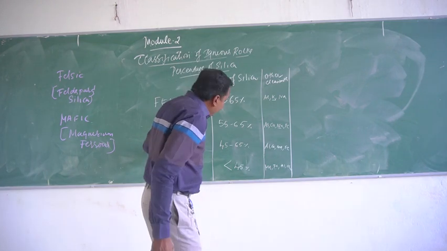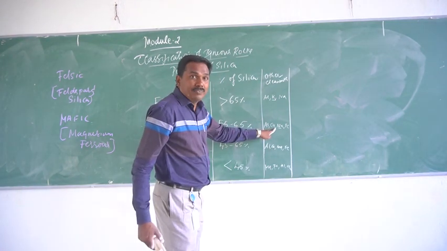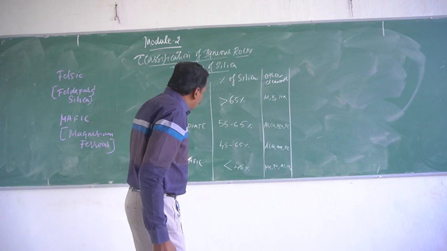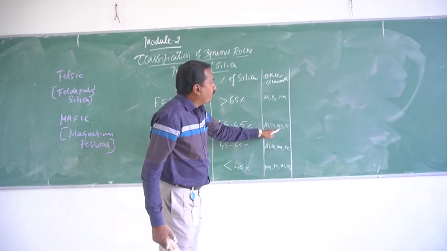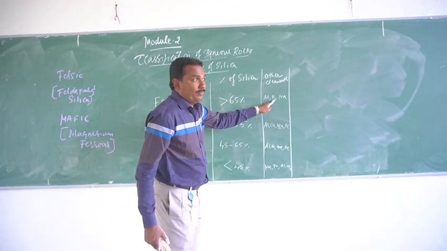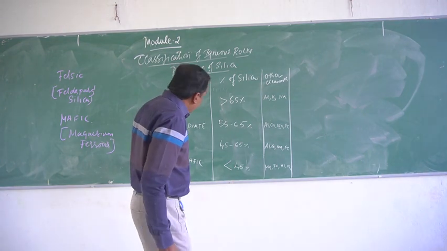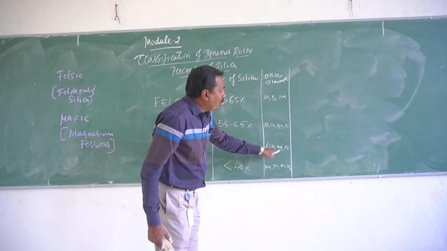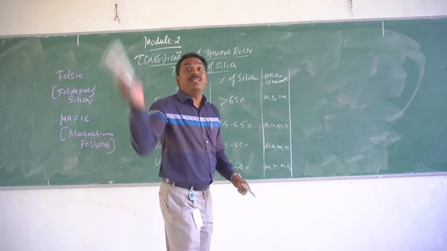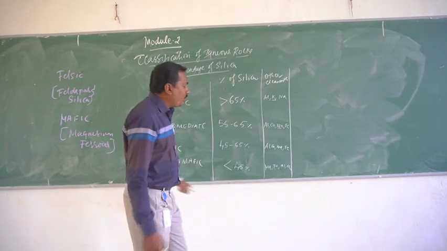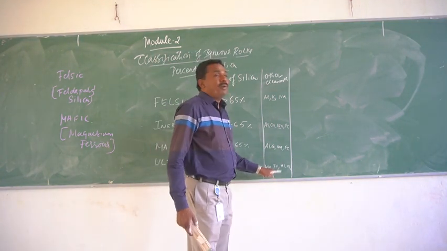In the intermediate rock, aluminium and calcium. When it comes to mafic, again, there is no presence of sodium or potassium. In the mafic rock, we can see magnesium and iron. In the ultramafic rock, automatically magnesium and iron.